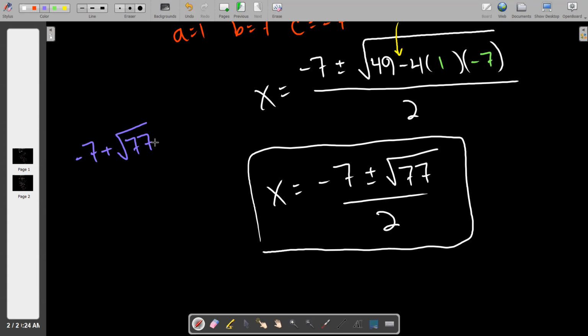I'm negative 7 plus the square root. I'm getting 1.774964387. Now let's divide that answer by 2. What do you get?